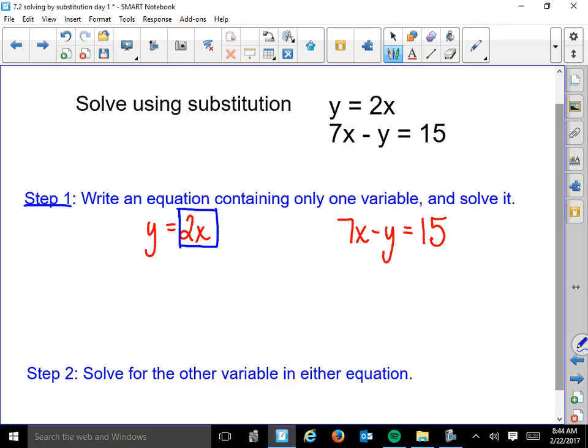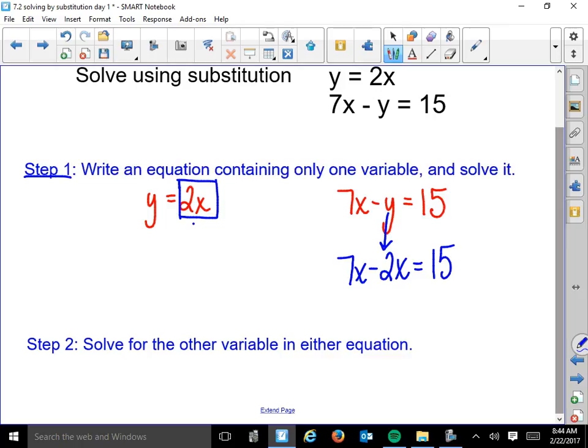That's exactly what we're going to do in the second equation. We are going to replace y with what it is equivalent to. From the first equation, we know that y is equal to 2x. So we are going to replace y with 2x.